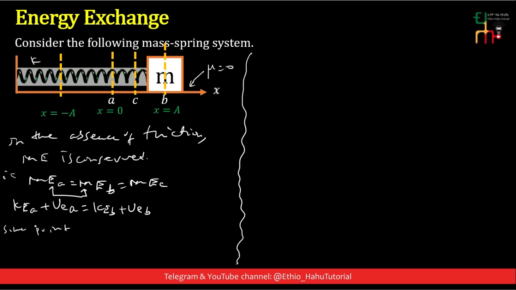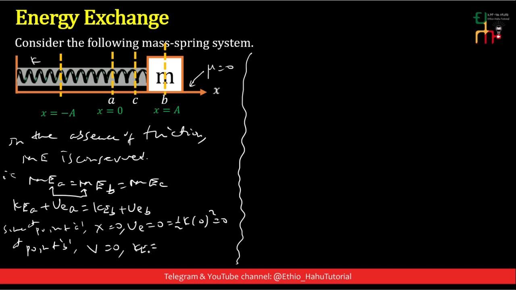Since at point A, x is equal to 0, elastic potential energy is 0, because elastic potential energy is half times k times 0 squared, which is equal to 0. At point B, the speed is 0 and kinetic energy, half times m times v squared, is equal to 0.